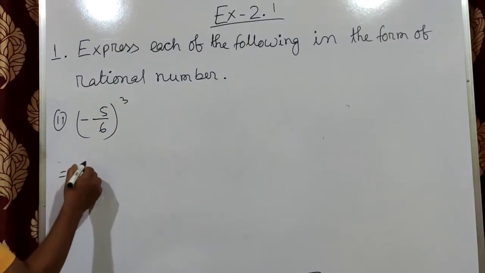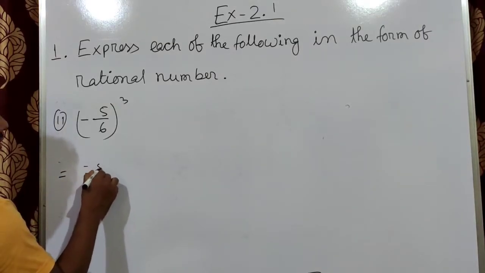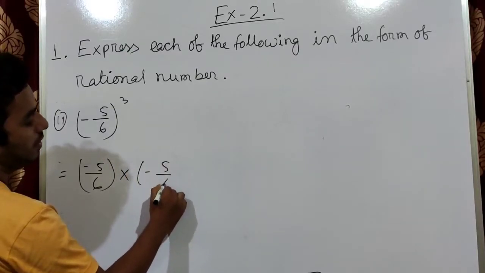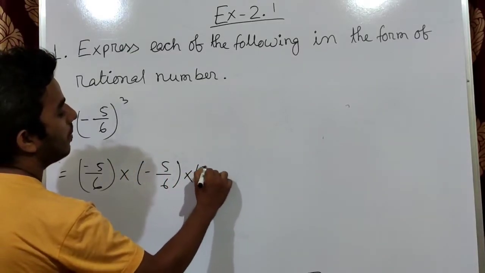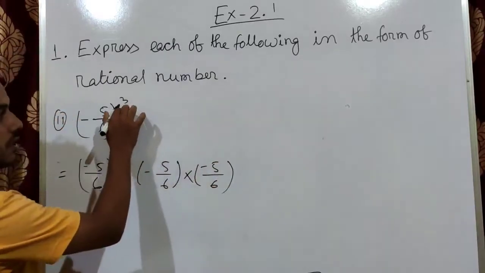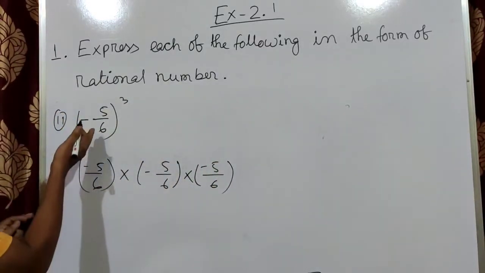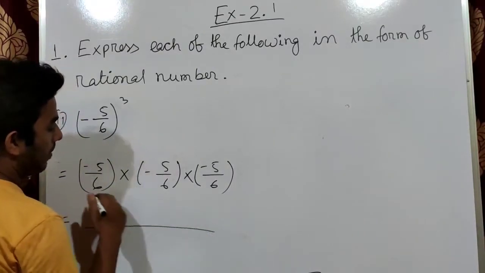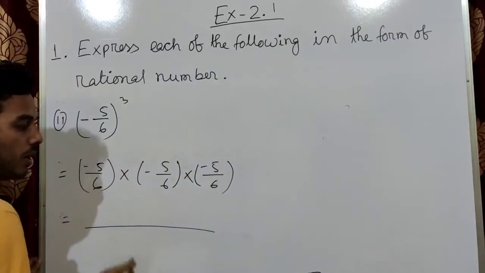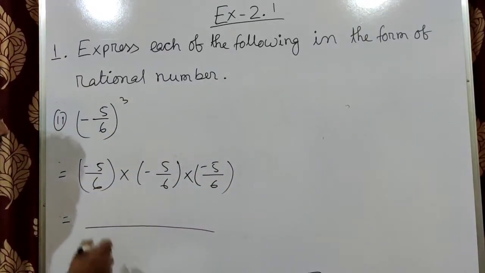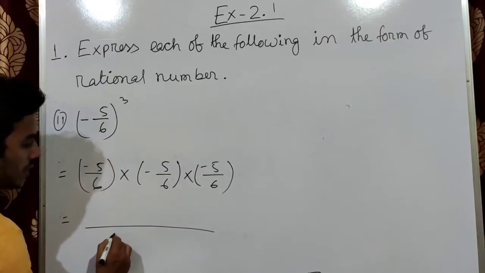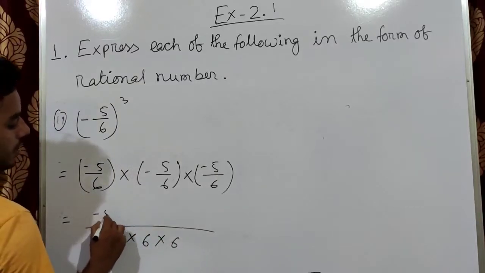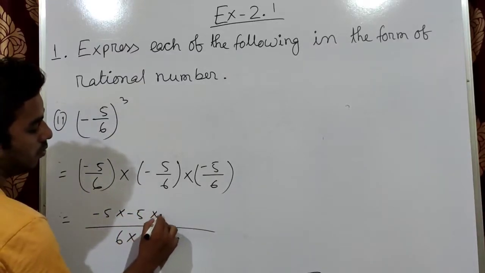So we can write like this, minus 5 by 6 into minus 5 by 6 again multiplied by minus 5 by 6, right? Yes, there is 3. So we have multiplied minus 5 by 6 three times. So now we will multiply numerator into numerator and denominator into denominator. So it will be like this, 6 into 6 into 6, then here minus 5 into minus 5 into minus 5.